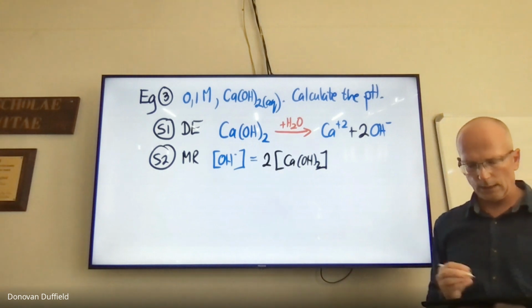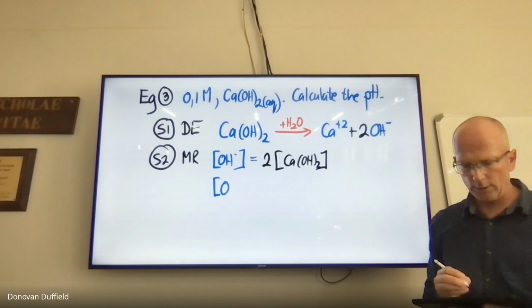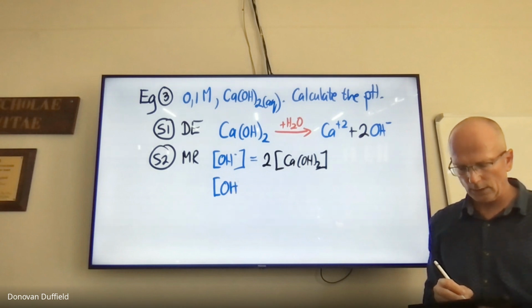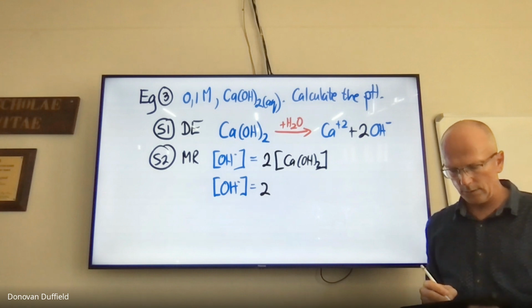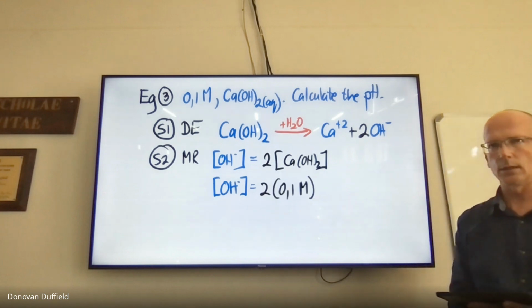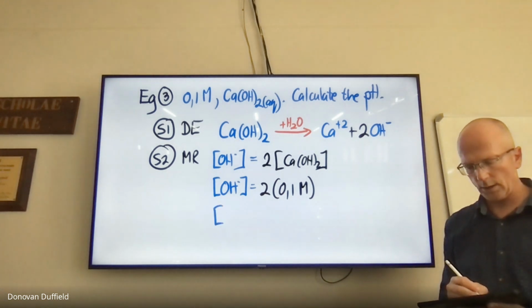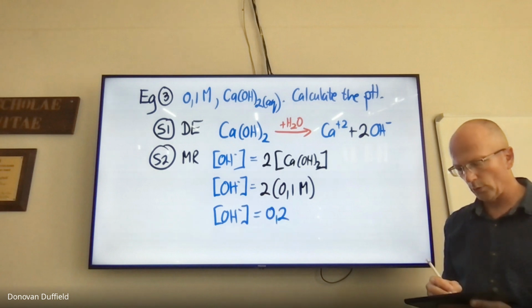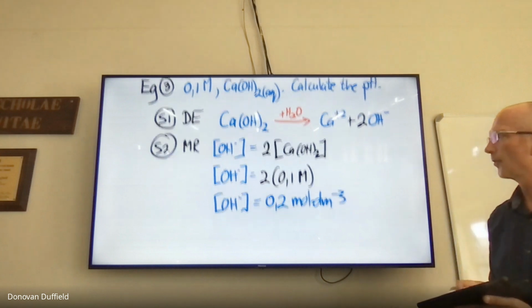This is going to be double. So the hydroxide concentration is going to be 2 times 0.1 mole per cubic decimeter. So therefore, the hydroxide solution's concentration is 0.2 moles per cubic decimeter.